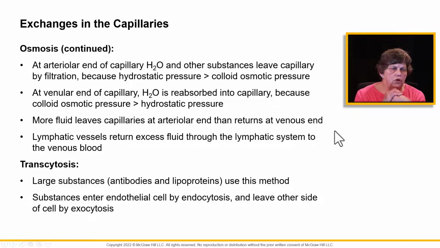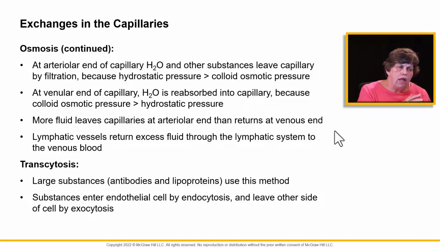So in terms of the osmosis, at the arterial end of the capillary, the water and the other substances are going to leave the capillary by filtration, because the pressure is higher on that side. You have to think of the hydrostatic pressure as the pressure of water. Colloid osmotic pressure is the pressure of the stuff dissolved in the water.